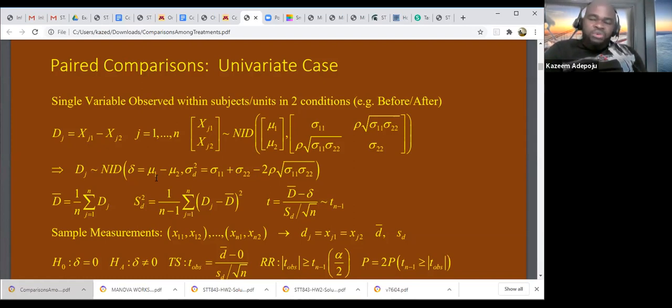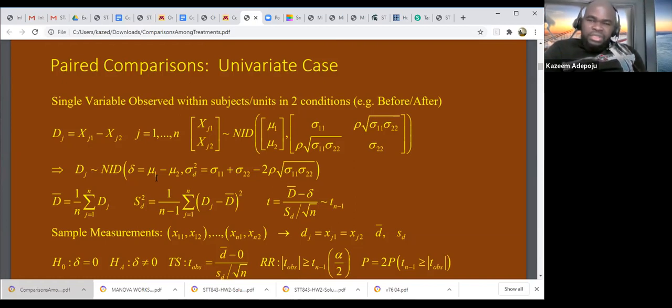In a situation where I want to compare the situations of things before intervention with after intervention, something that has to do with before and after. But this time around, a single variable is involved. When a single variable is involved, of course, we're talking about univariate.